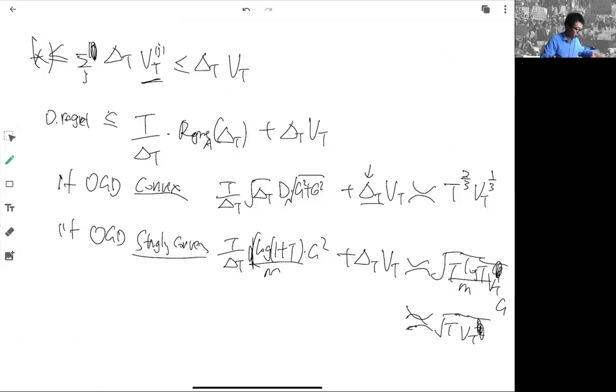Now, maybe let's go back to example 1, right? In example 1, we said that f_t(x) is equal to (x minus t over T) squared.